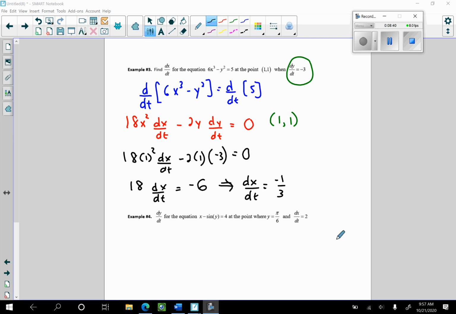The first thing I'm going to do is find the x. Step 1, I'm going to use pre-calculus: find x when y is equal to pi over 6. That's step 1, because I'm going to need x.